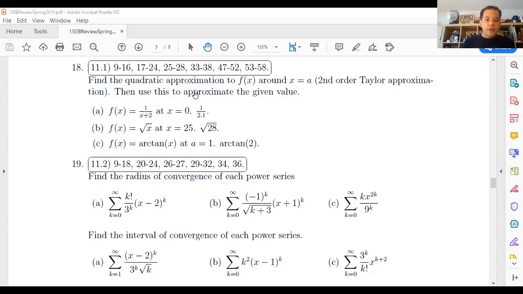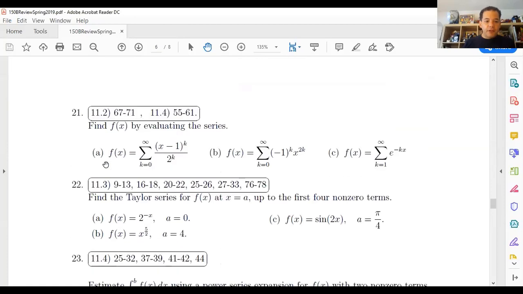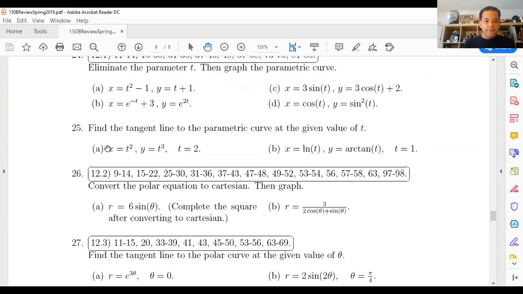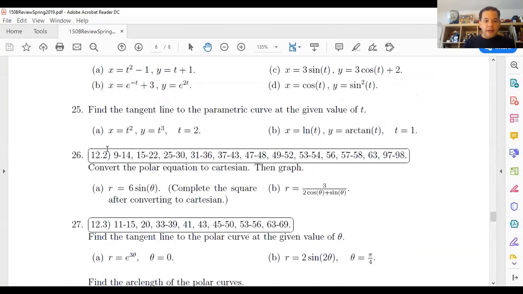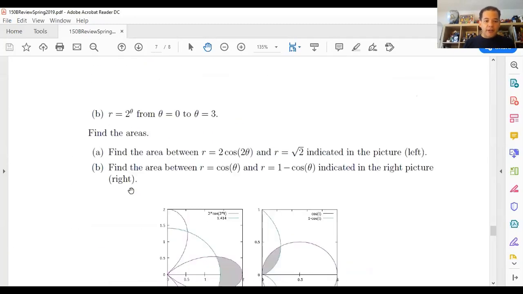You should look at the problems starting from problem 18. So 11.1, then it comes 11.2, 11.3, 11.4. And then we have 12.1, 12.2, and 12.3.